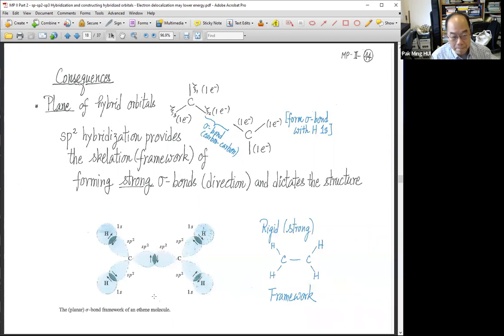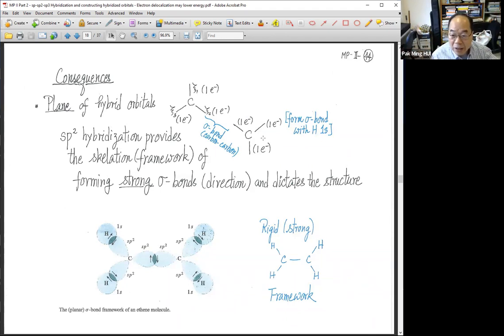C2H4 example. So we have discussed that a carbon can form 120-degree extended sp2 hybridized orbitals. There are 3 of them. So this is the first carbon. Then we repeat the discussion on the second carbon. All right. Now, if the carbons are far, far away, they have no sense of what angle to put the hybridized orbitals at.